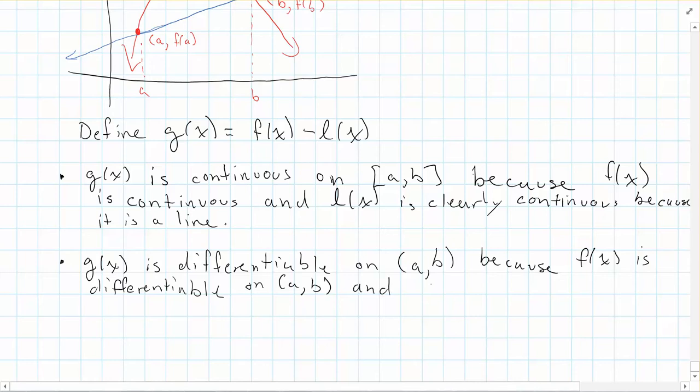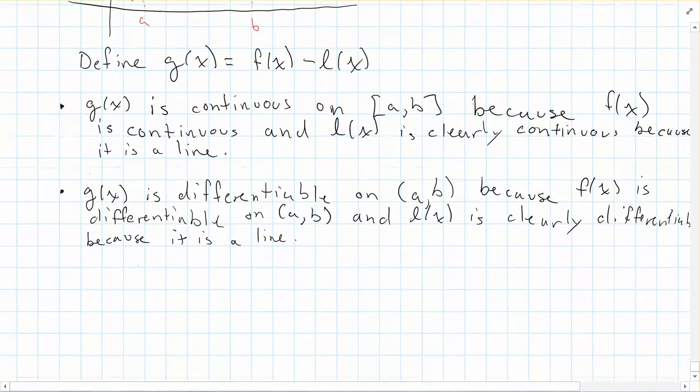And L(x) is clearly differentiable because it is a line. If we take the derivative of a line, we're just getting the slope of the line.